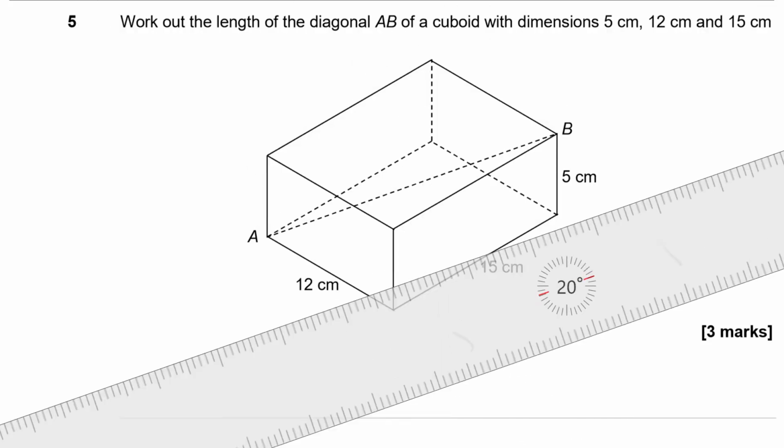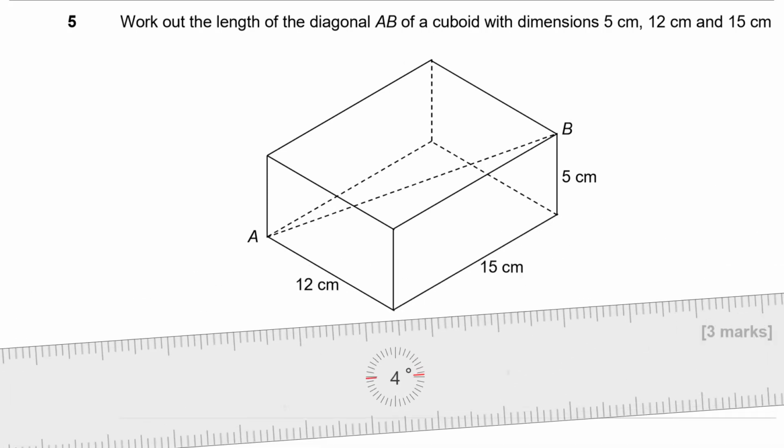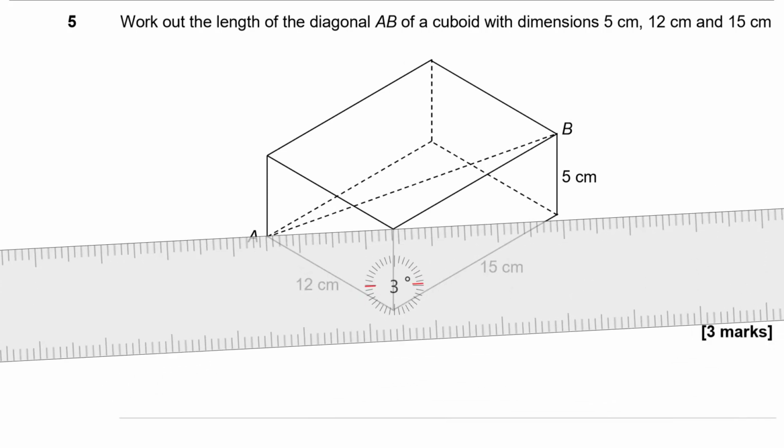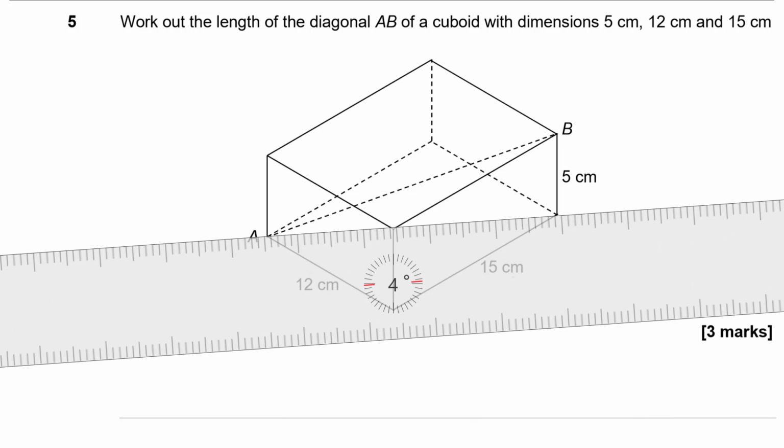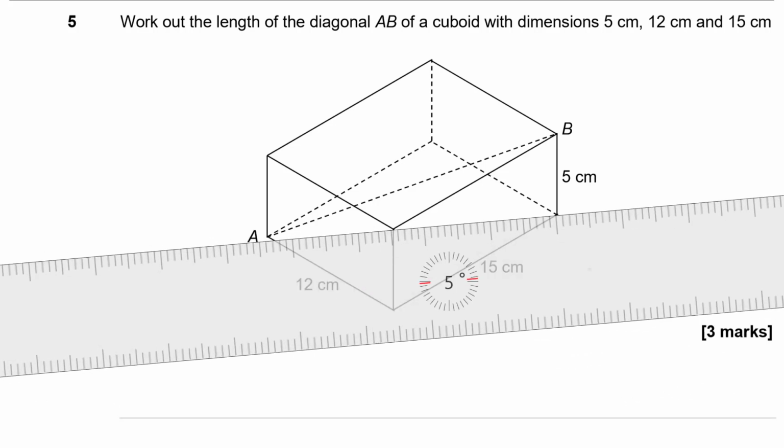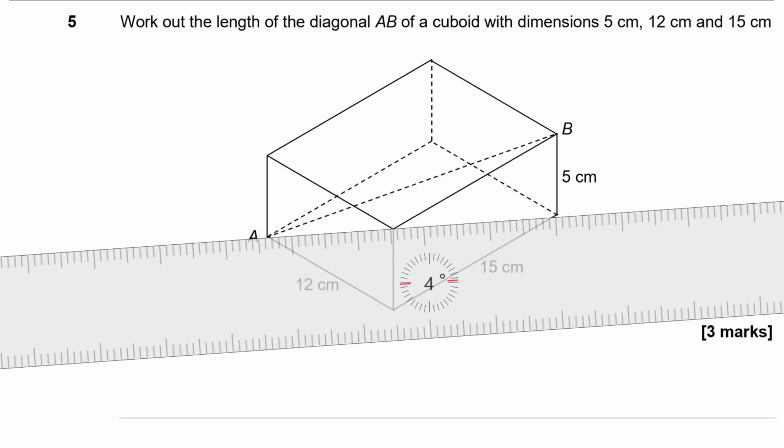Now I'm going to be using Pythagoras' theorem again in this triangle. First off though, I'm going to make an extra line so it's a bit easier to see what's going on. So let me add a line across there.